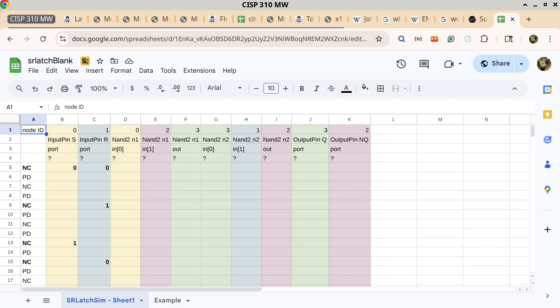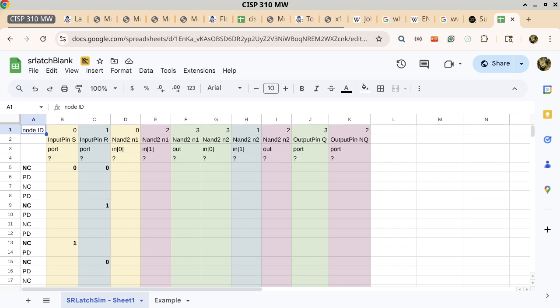Under NAND gate N1, there are three columns: in 0, in 1, and out. Under N2, there's also in 0, in 1, and out. So that means the structure of this spreadsheet is essentially the same as what we just looked at on my tablet.